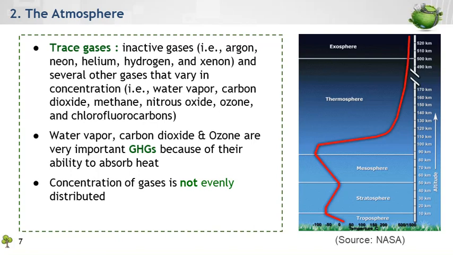However, in the stratosphere, the layer immediately above it, the temperature increases continuously as we go higher and higher. This is because the amount of ozone is much more concentrated in the stratosphere, which allows it to trap more heat compared to the troposphere. So we will talk in more detail about these differences in the next several slides.